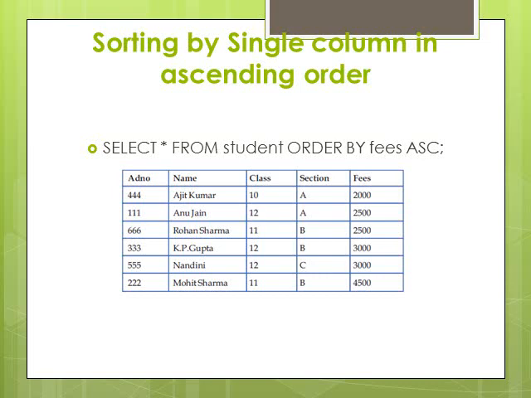You can see from the output that first record is having fee 2000, second is next one, that is 2500, then 2500, then record is having the fee 3000 and then 3000 again, and at the last 4500 value is there in the fee column. So all the records are arranged by the value in column fee.